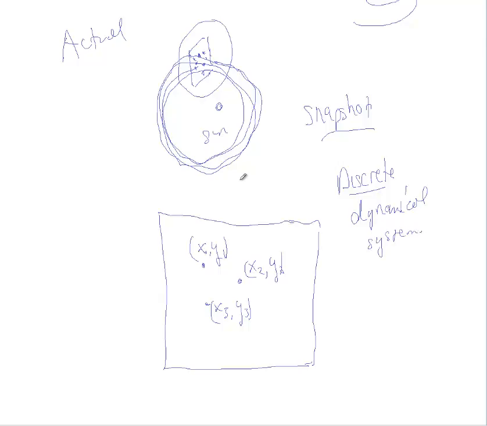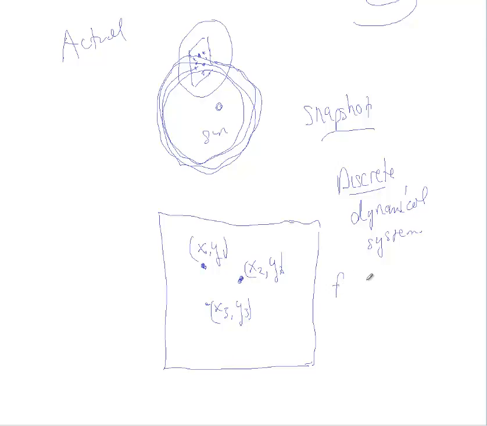Typically, physical systems or biological systems move continuously, but if we're just looking at discrete times, we can call this a discrete dynamical system. And the way you describe this mathematically is that, in fact, the position of x2, y2 is a function of the position of x1, y1. If I know that the system passes through x1, y1, when it comes back around, that determines where it's going to pass through the second time.